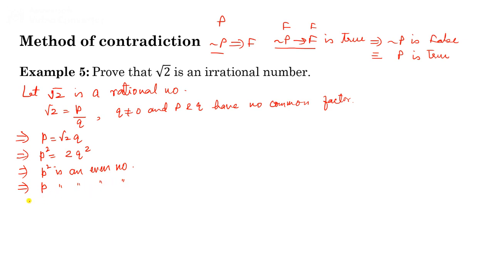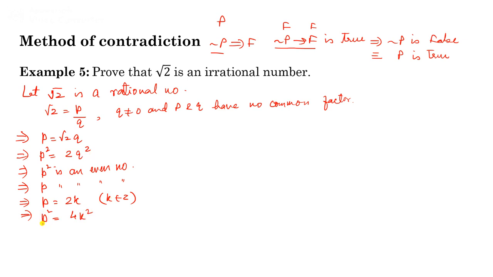Now P is an even number, so you can write P equal to twice K, where K belongs to the integers Z. Now P equal to twice K, so you can write P square equal to 4K square.